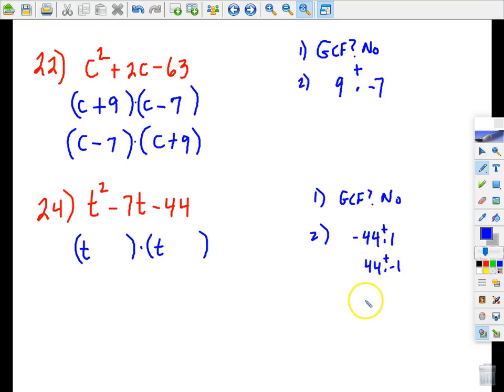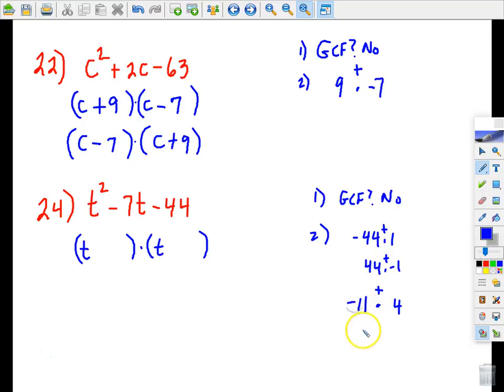So it looks like the factors 11 times 4, I recognize that 11 times 4 is 44, but I've got to make it negative. So I'm on the right track here, because remember, when I add these two together, I'm supposed to come up with negative 7. So it's just a matter of placing the signs correctly on these two factors, so that when I do add 11 and 4 together, I'm going to come up with negative 7.